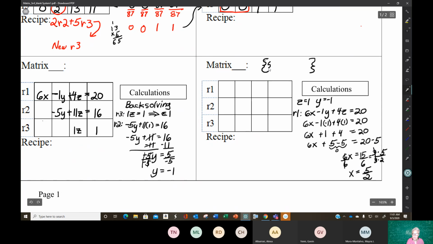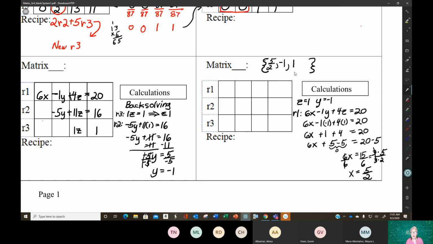So x is going to be 5 over 2, and y is going to be -1, and z is going to be +1. And now that's your answer.